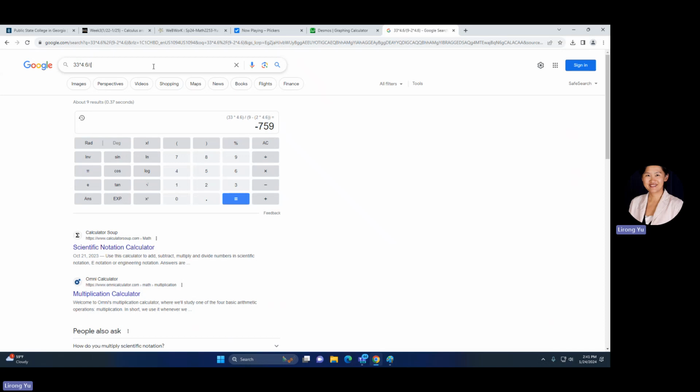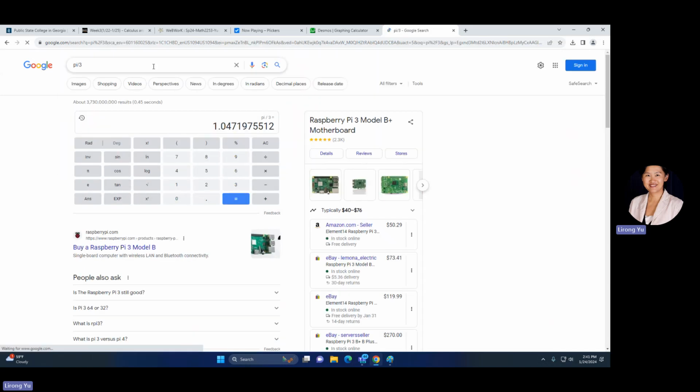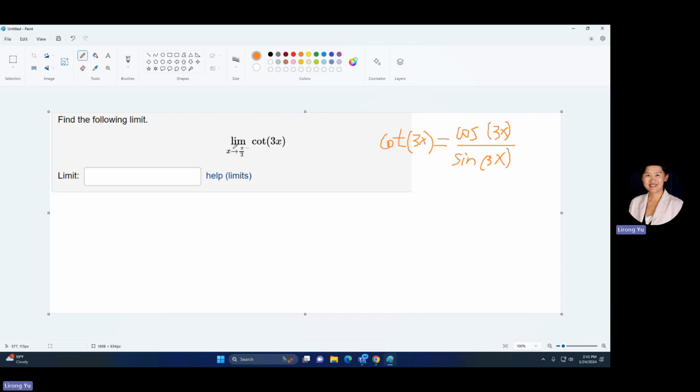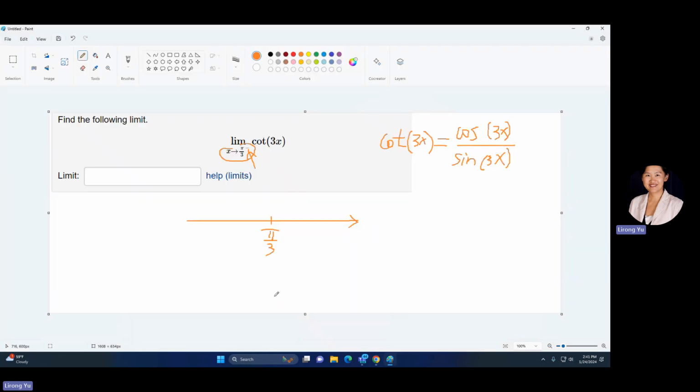Now pi over 3, you can use your calculator to calculate its rough value. Pi over 3 is 1.047. So to approach pi over 3 from the negative side, drawing it on the number line, pi over 3 is roughly 1.047.